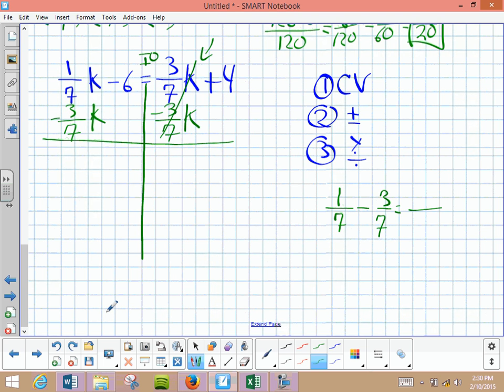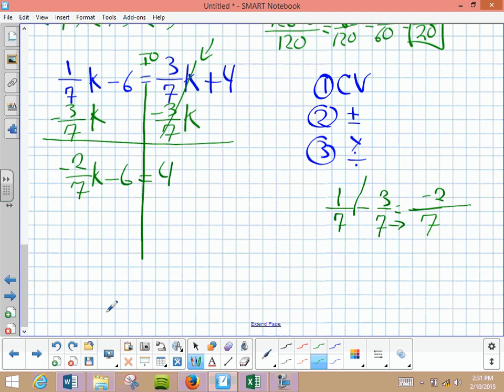In other words, the denominators are the same, so they just move forward, and this ends up being 7. What is 1 minus 3? Negative 2. So you get negative 2 over 7 k minus 6, and you bring down the 4 from the other side.